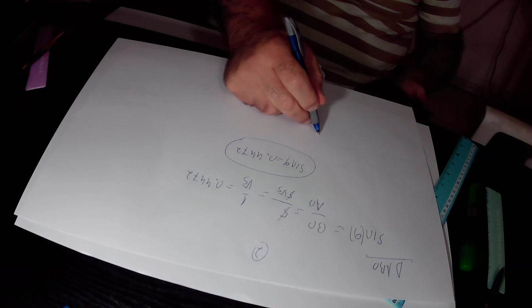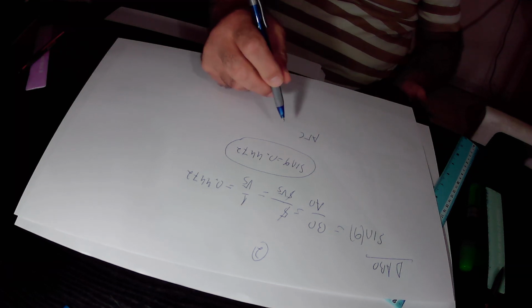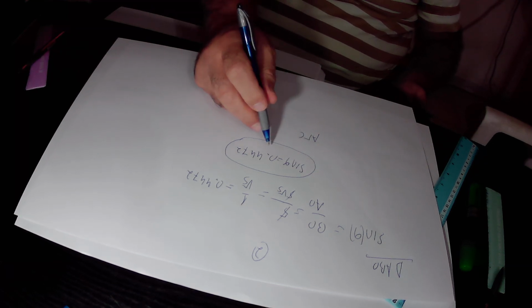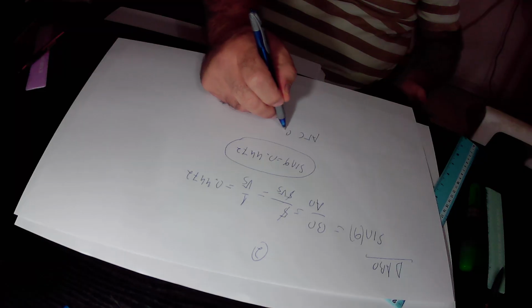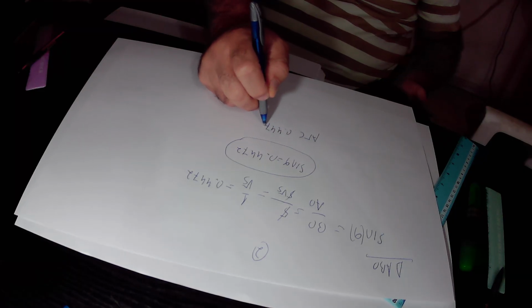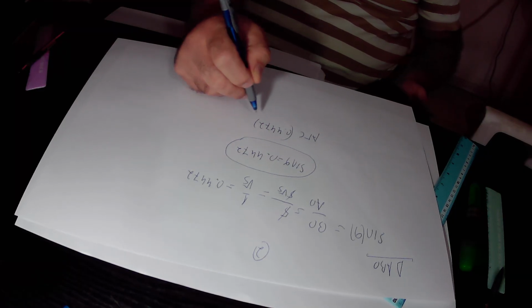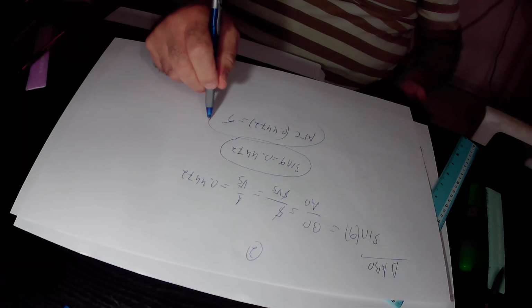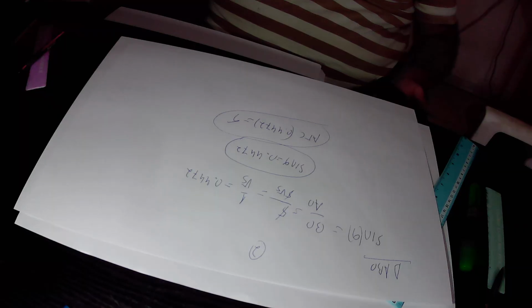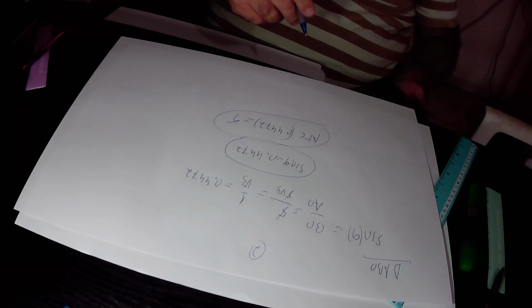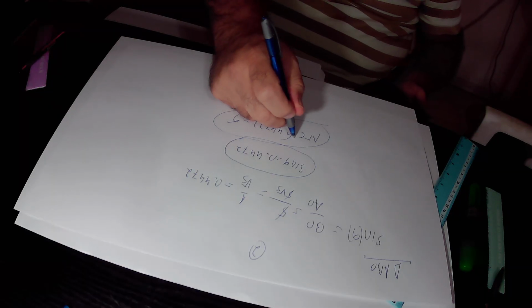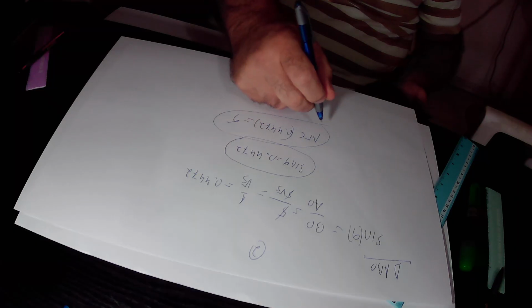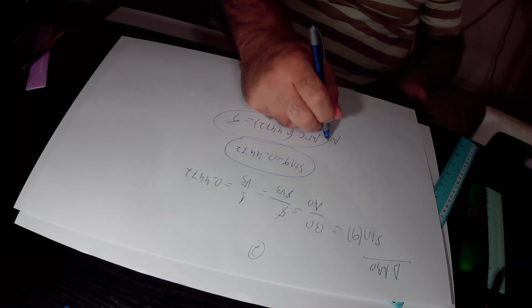So arc sine, the opposite function of sine, of the result 0.4472 equals alpha. We use the computer to find the value of arc sine.